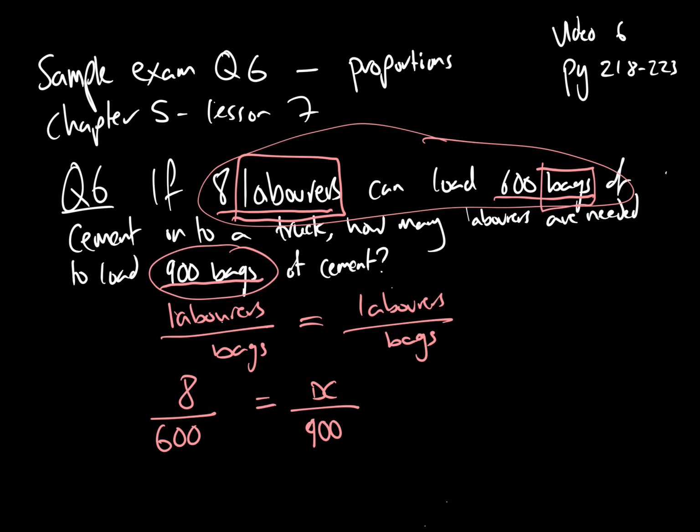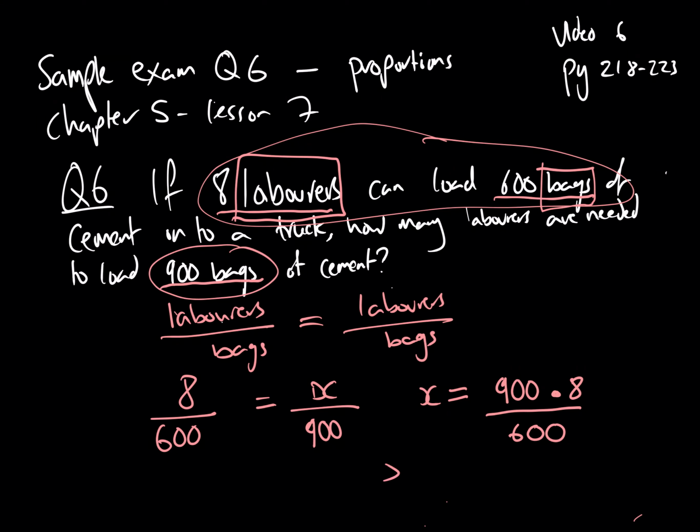And as we did in the previous video, you can rewrite this as X is equal to 900 multiplied by 8 divided by 600.